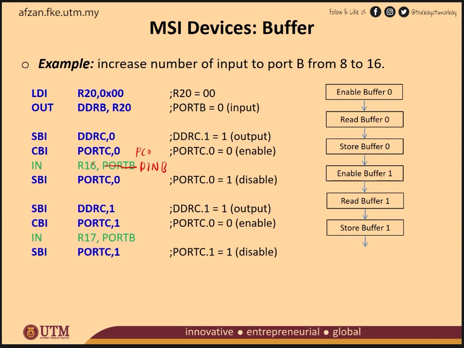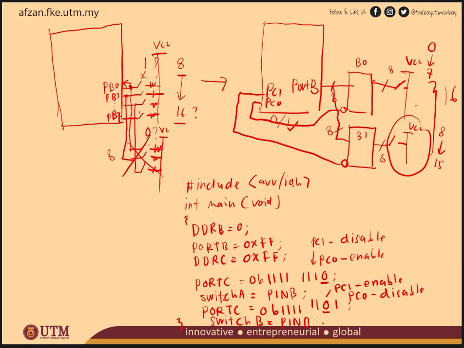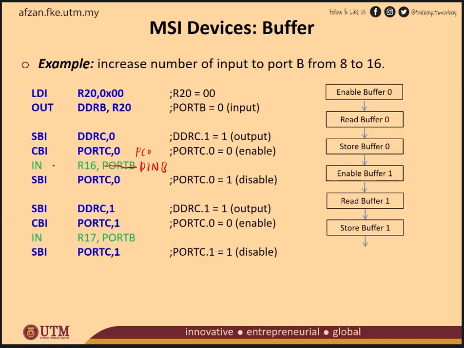In our case here, we use the switch A to replace the R16. And then we disable our port C. We disable PC0. This one here you enable your PC0 by sending 1, and then after that you're going to read the second switches coming from the second buffer.